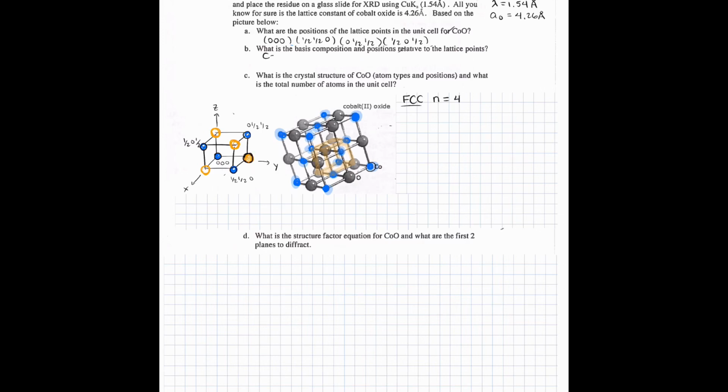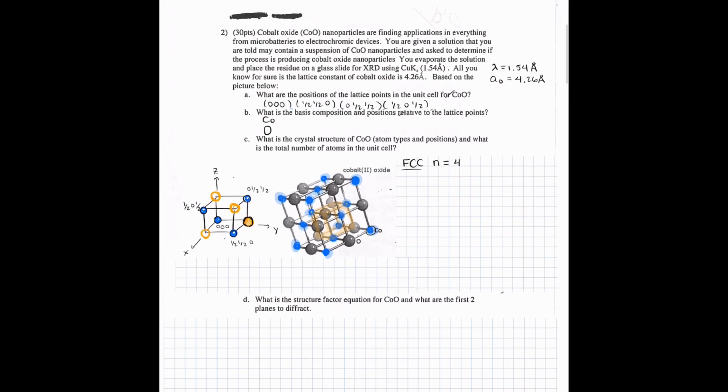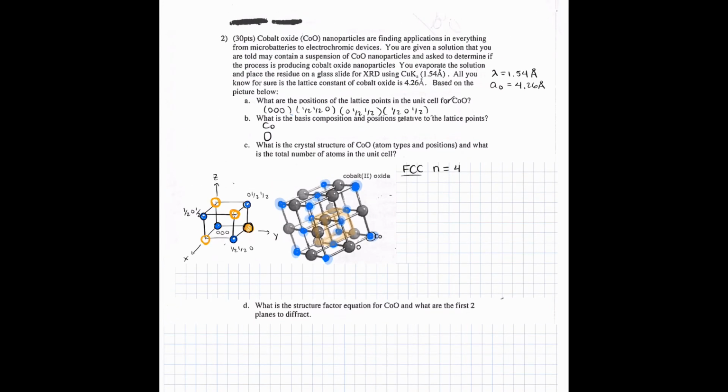So your basis is cobalt, oxygen, and how you can always figure this out is to look at what's in the unit. If there are 2 atoms in the unit, there are 2 in the basis. If it's BaTiO3, for example, there's 1 barium, 1 titanium, and 1, 2, 3 oxygens, so you have 5 atoms in the basis. This is the safest way to go about it, so just do this if you want to make it easier for yourself.